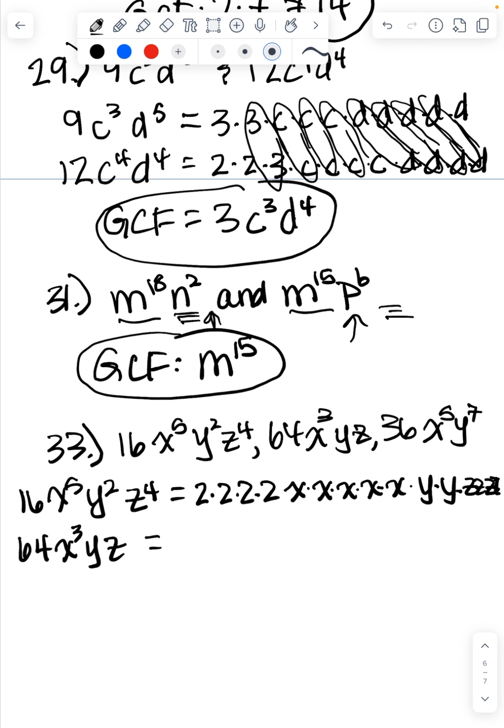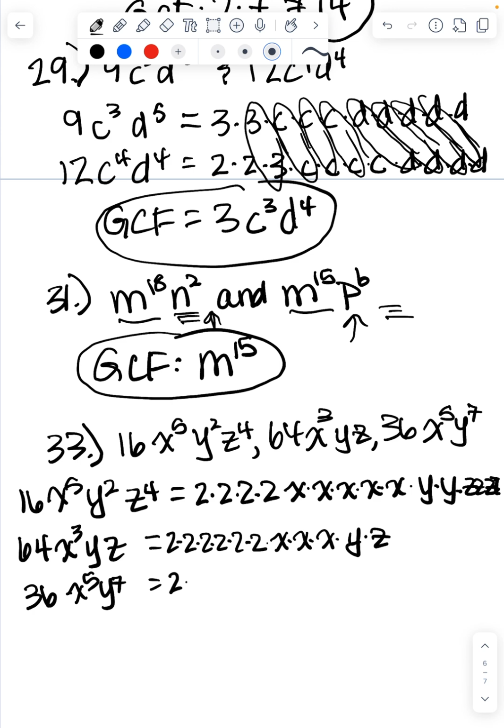So for 64, I think that's 2 to the 6th. Is it not? So 1, 2, 3, 4, 5, 6. And then we have x, x, x, y, z. And then for 36, which is x to the 5th, y to the 7th, 36 is going to be 2 times 18, which is 2 times 9, which is 3 times 3.